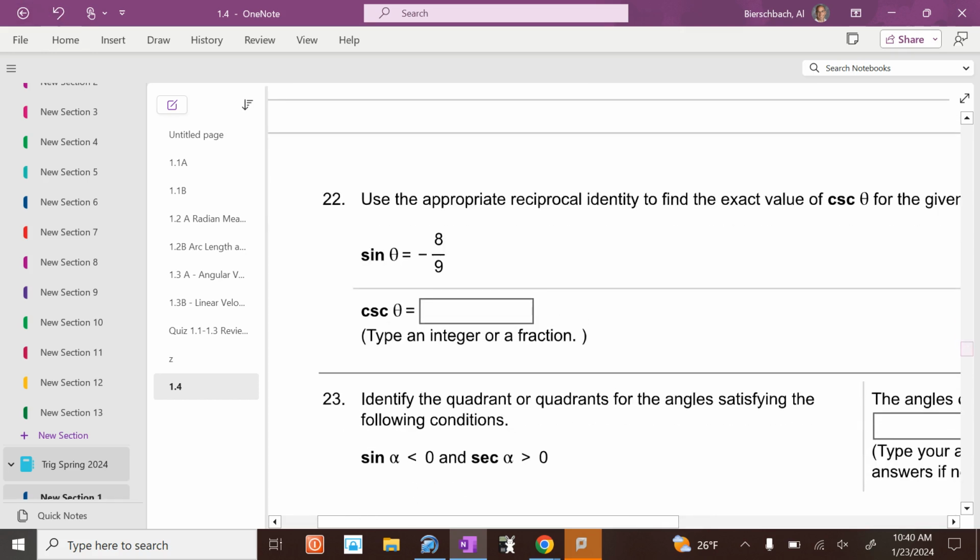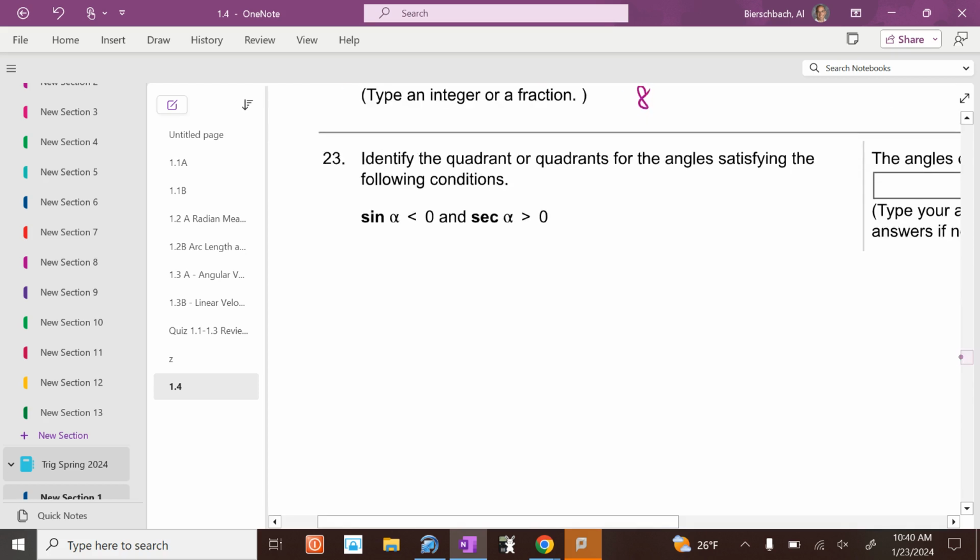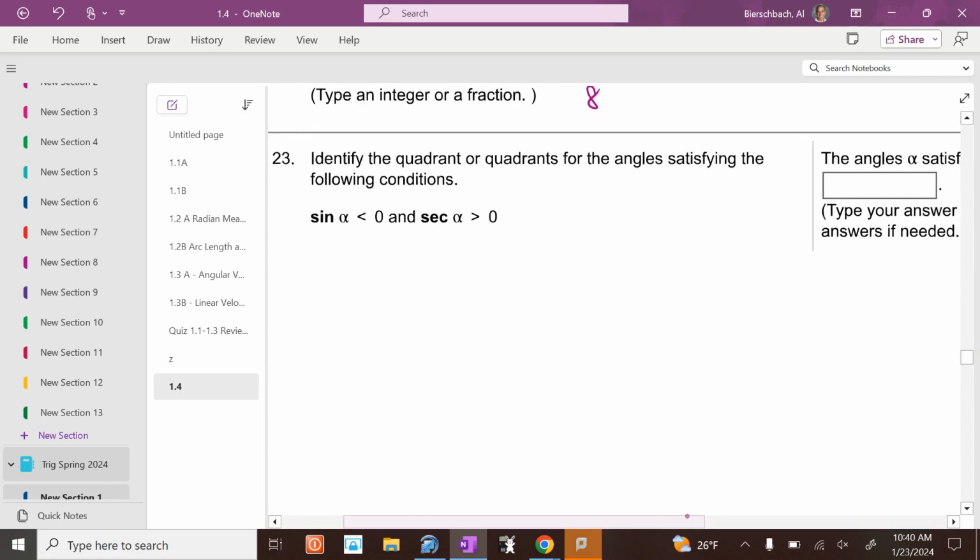There we go. If the sine is negative 8/9, what would the cosecant be? What do you do with sine and cosecant? They are what of each other? Reciprocals. Cosecant would be negative 9 over 8. You just flip them over. And lastly, what quadrant are you in if the sine is negative and the secant is positive?